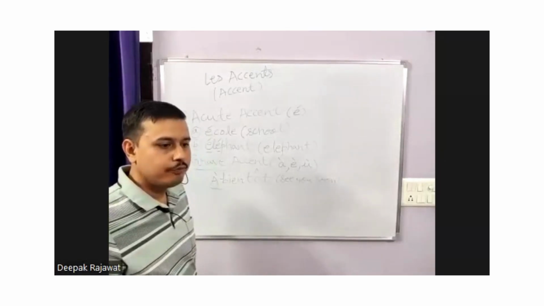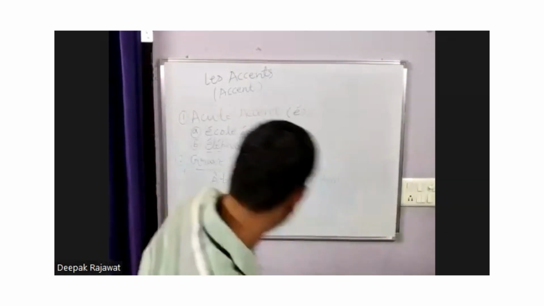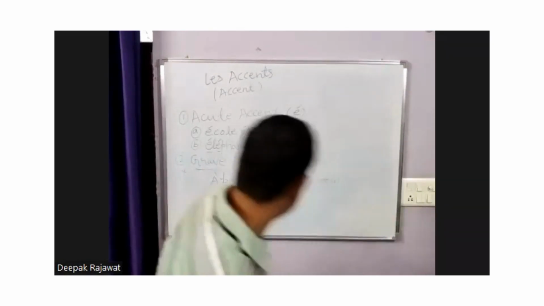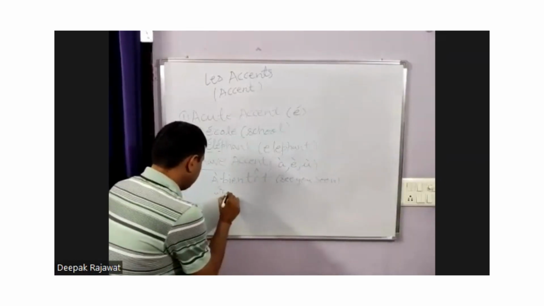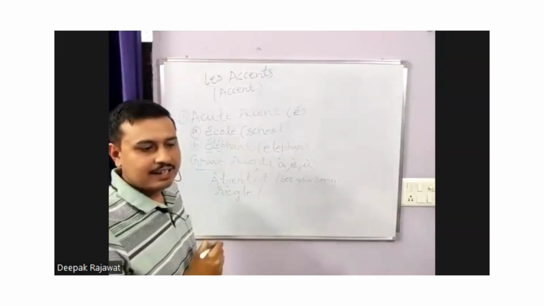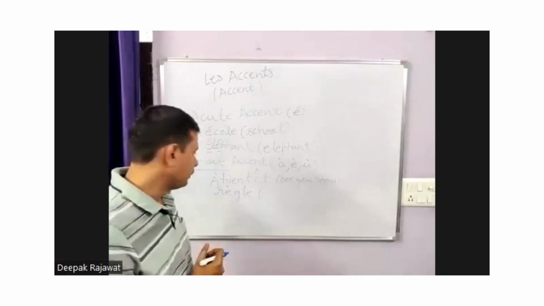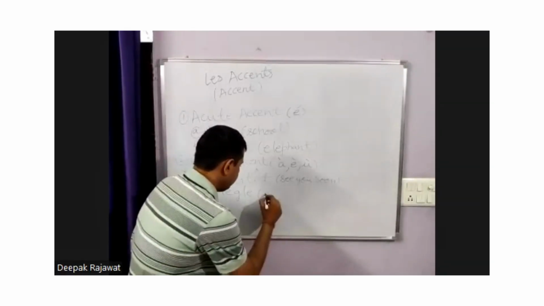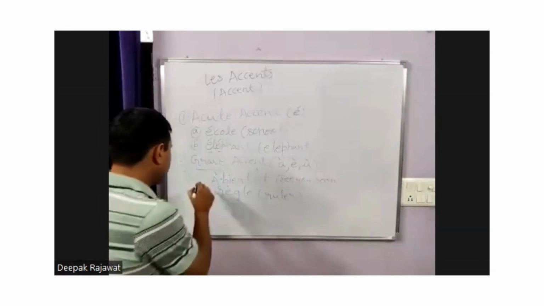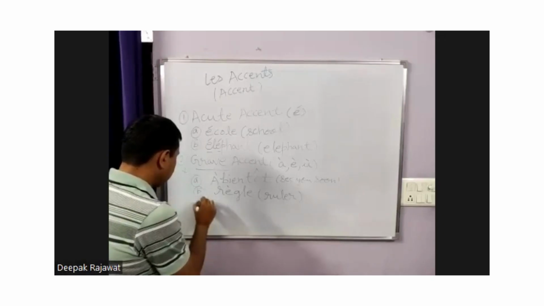Letter A is also A. Then règle. Règle is scale or ruler. So this is our first example, then second and third.